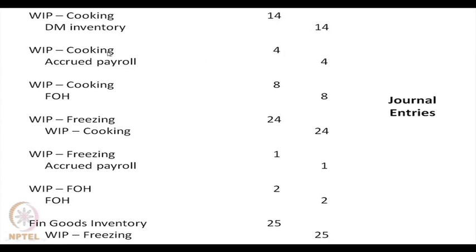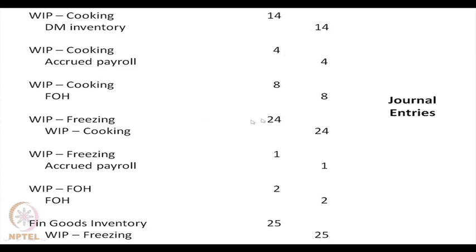Similarly, for labor, it is 4,000 or 4, and that is credited to the accrued payroll. Similarly for factory overhead. Just as we are putting the debit amount in the work in process account, similarly we will have to put the credit amounts in the respective accounts.